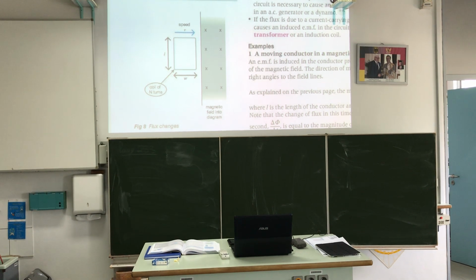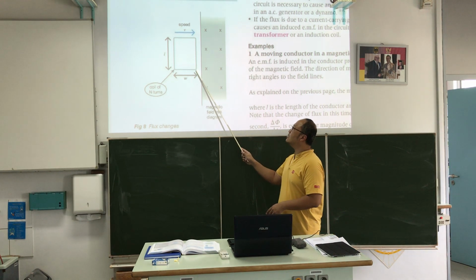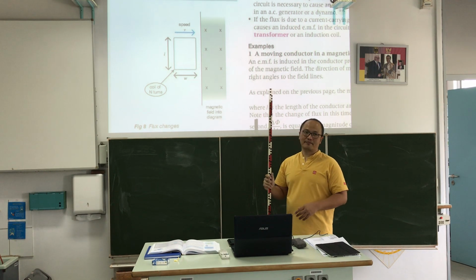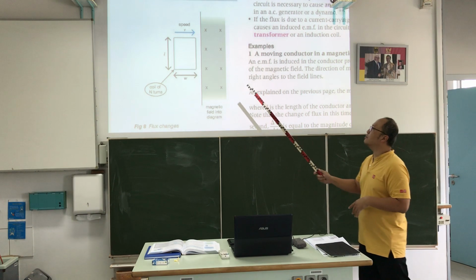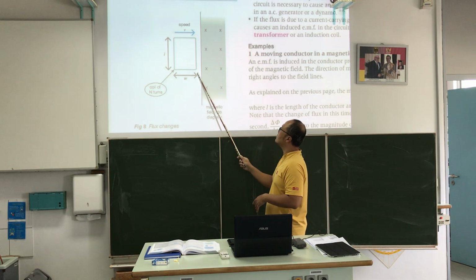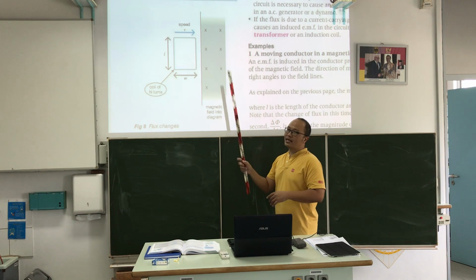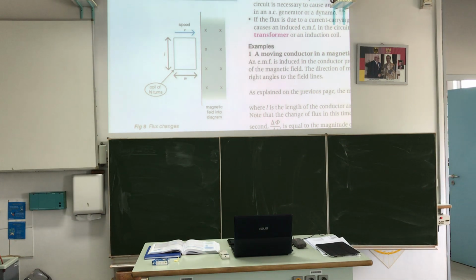Okay, now just a test of your intuition. If the distance between this side of the coil and the magnetic field is 20 millimeter, and the speed is 5 millimeter per second, how long does it take for the coil to arrive in the magnetic field?